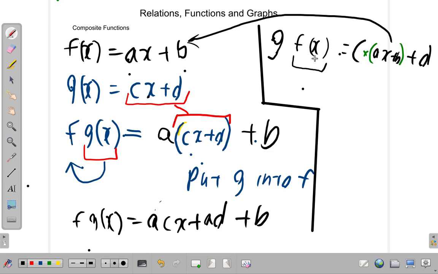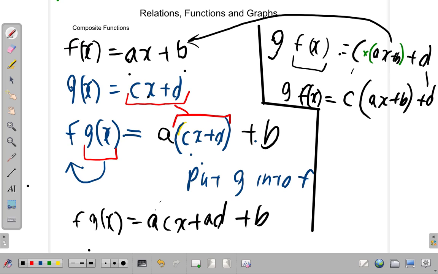This. So what we have now is g, not f. Gf of x is equal to c times ax plus b plus d, the same d, the same c. Alright, you see that? So gf of x is equal to, we can multiply it out, c multiplied by ax, acx, putting it in alphabetical order, plus c times b, bc plus d.